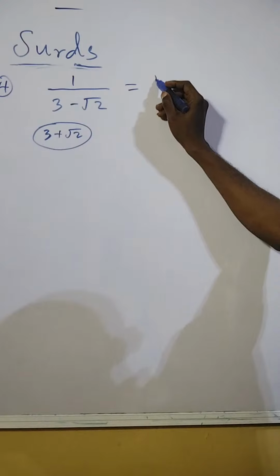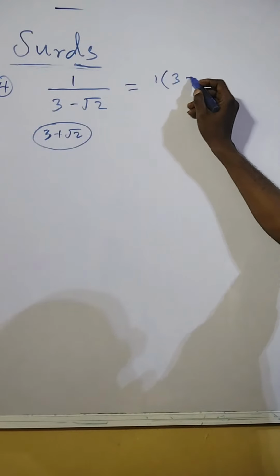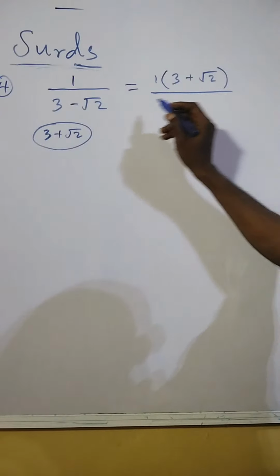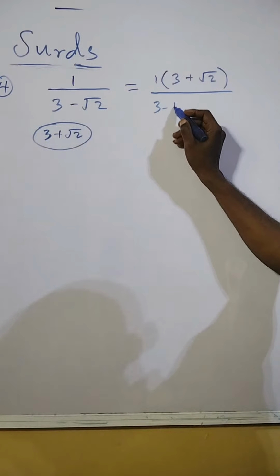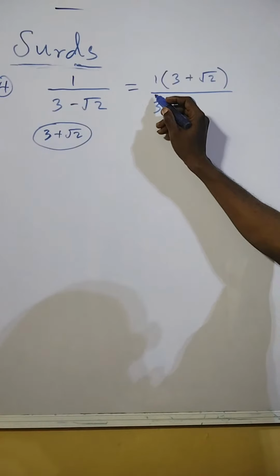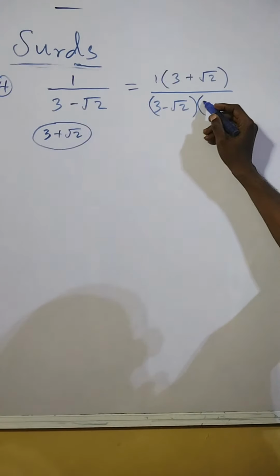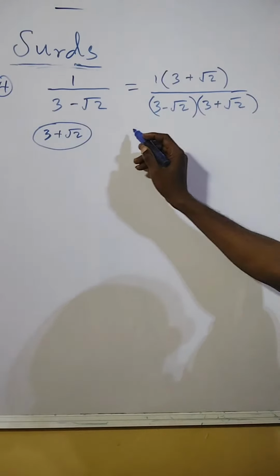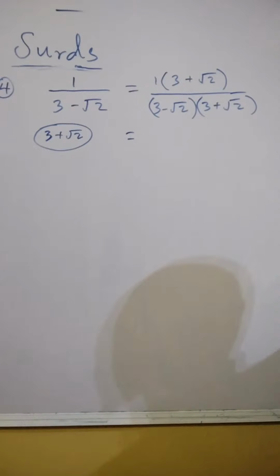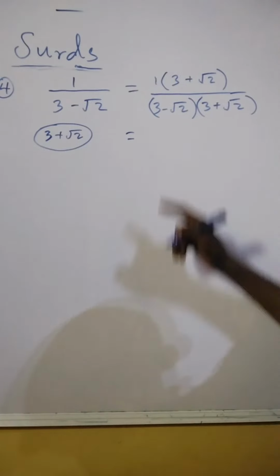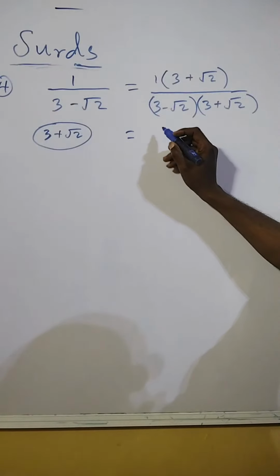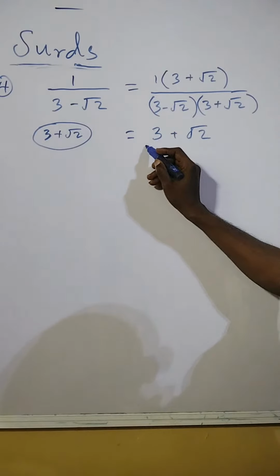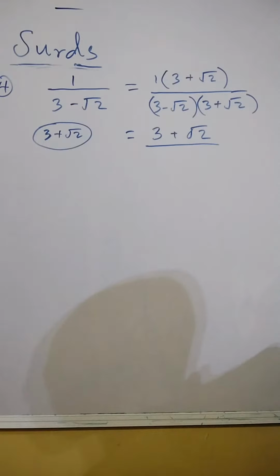So this becomes 1 times 3 plus root 2, then divided by also this, that's 3 minus root 2 times also 3 plus root 2. So now we expand, and here the same method, 1 multiplied by this is still the same thing as 3 plus root 2, then divided by this, multiplied by each other.